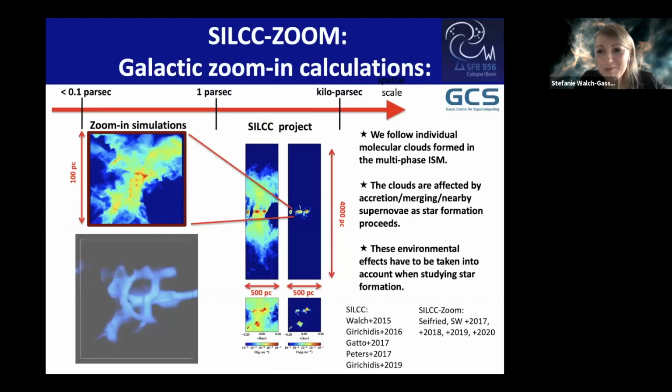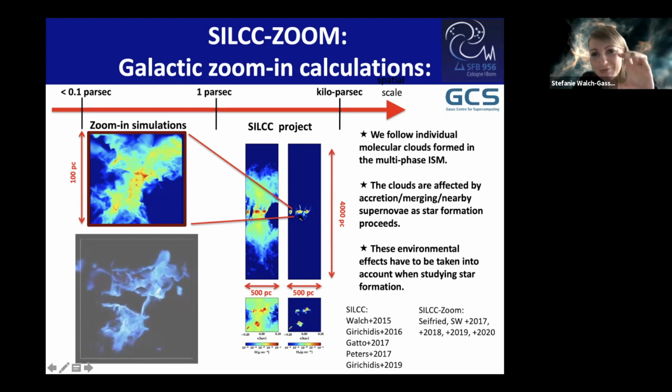Okay, so let me zoom in because I wanted to show you some of the zoom-in calculations. What we do is that we find molecular clouds which are about to form on the larger scales, and then we select these regions and say, okay, this is a region of interest.